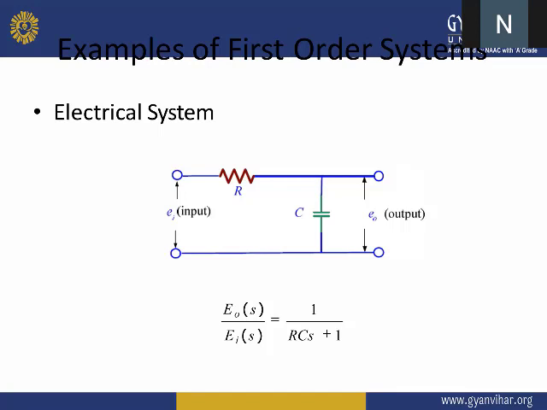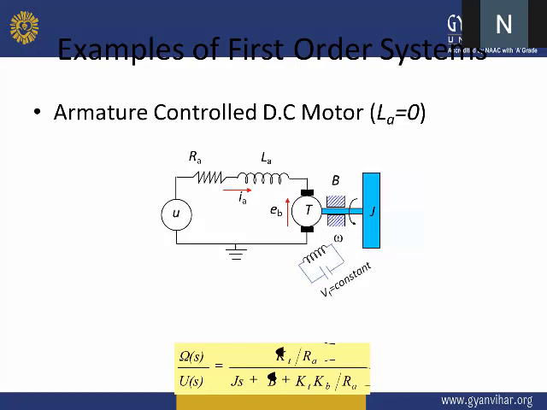So this is a two-port network in which the input is Ei and the output is E0. If you establish a transfer function between the output upon the input, we get 1 upon RCs plus 1. Once this first order system is calculated, we can easily calculate the stability and do the analysis very easily. Similarly, the previous one is also a first order system.